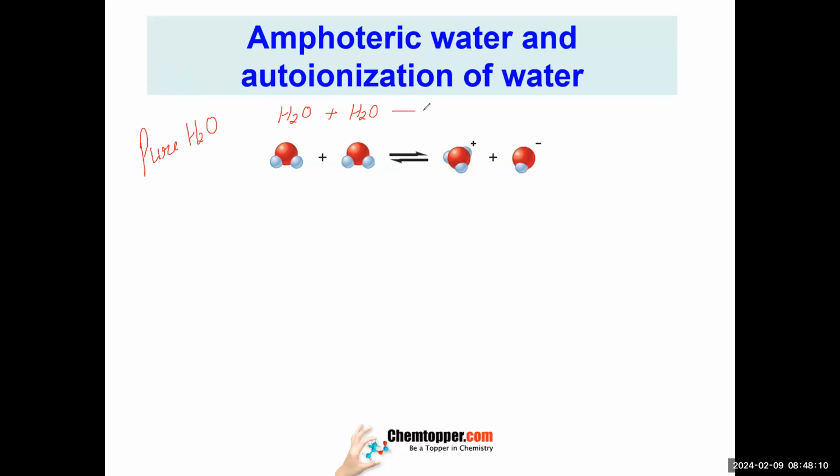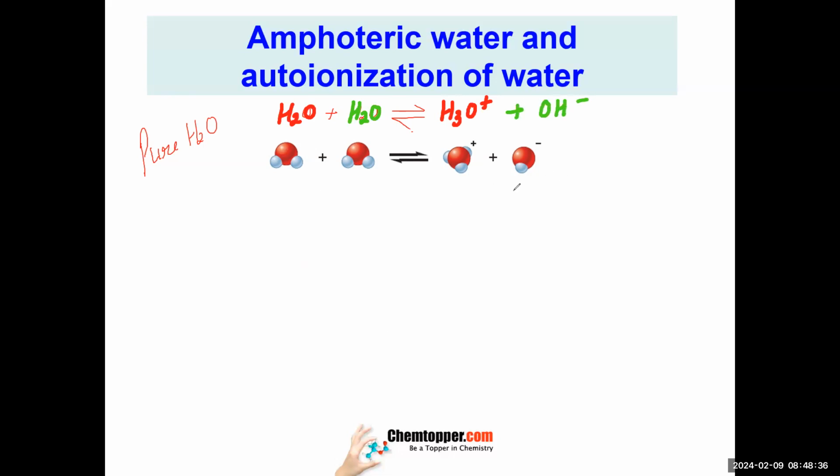Now check here. I'm just giving them different colors and you are going to identify them. This H2O is converted into this H3O plus, and this H2O is converted into OH minus.